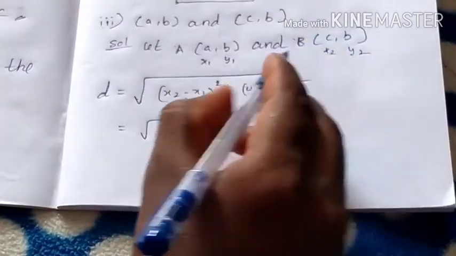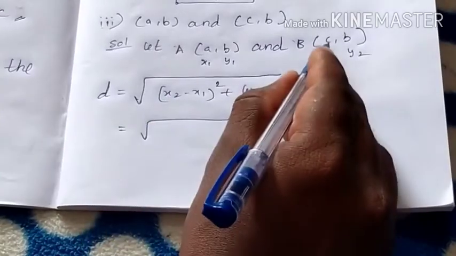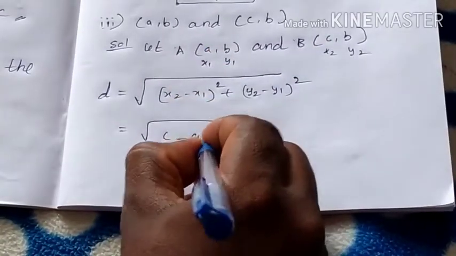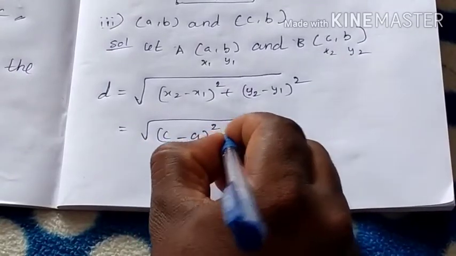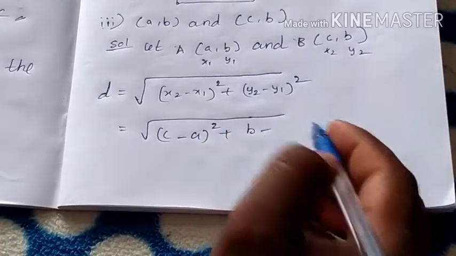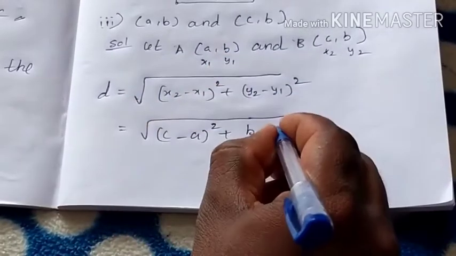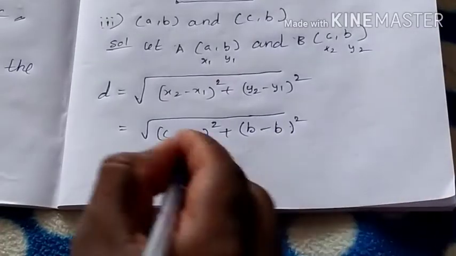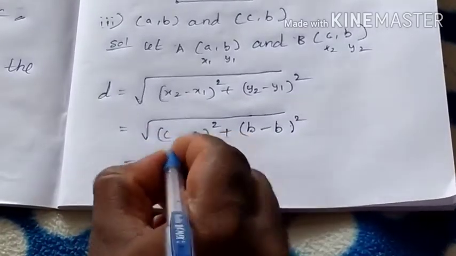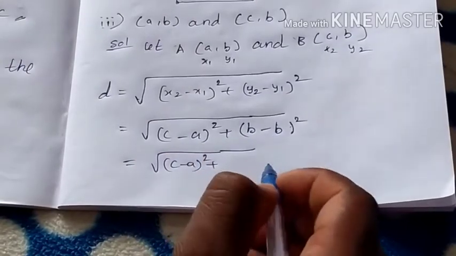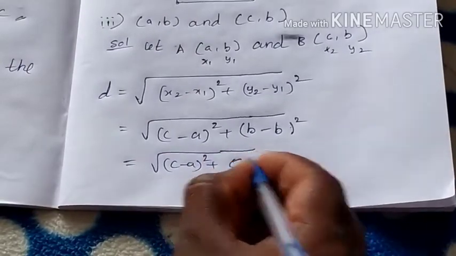Substitute here: x2 value is C minus x1 value is A the whole square plus y2 value is B minus y1 value is B the whole square. Which is equal to the square root of C minus A the whole square plus B minus B is 0, so 0 squared is 0.